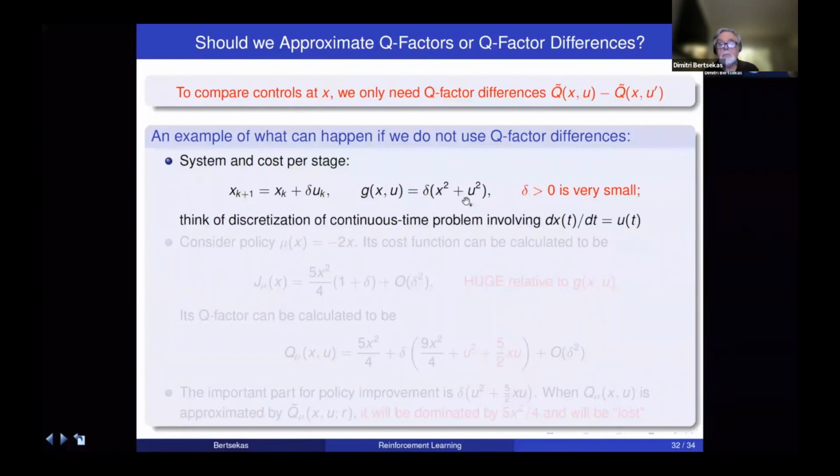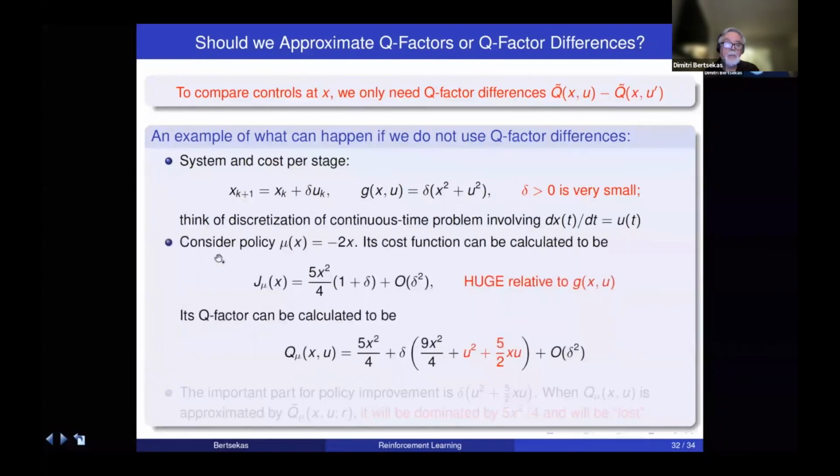So this system is a simple one, but very typical of those that result from discretization of continuous time problems. So now let's consider a policy, mu of x equals minus 2x, a linear policy, like you would expect the optimal policy to be linear for this problem. And this is a nice stable policy, because delta is small, right? So it's stable.